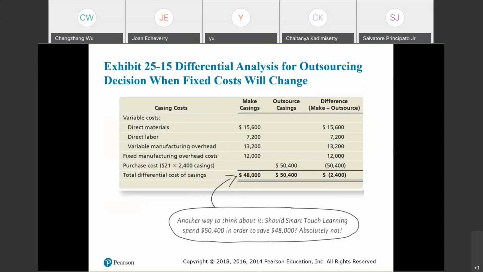But let's assume the company can avoid the fixed cost if it outsources this part of casing to another company. So this slide shows the differential analysis for the outsourcing decision when fixed cost will change.